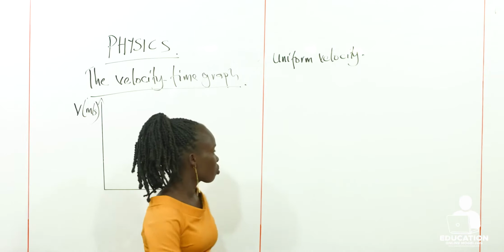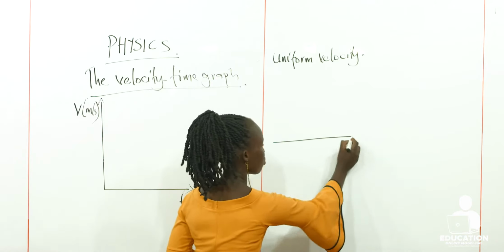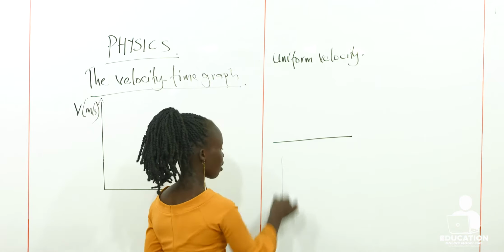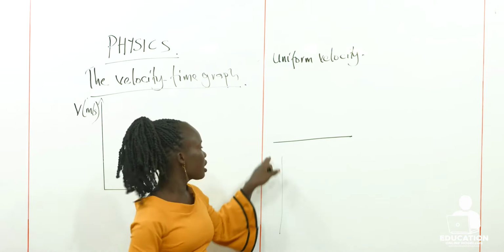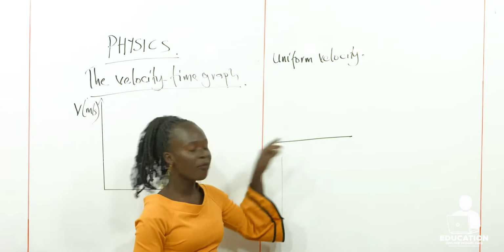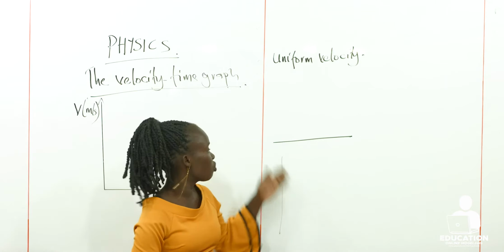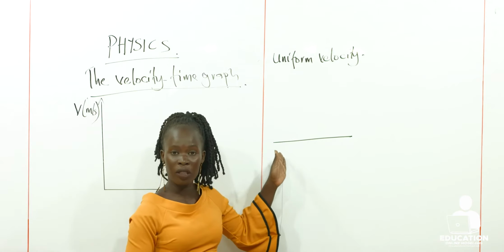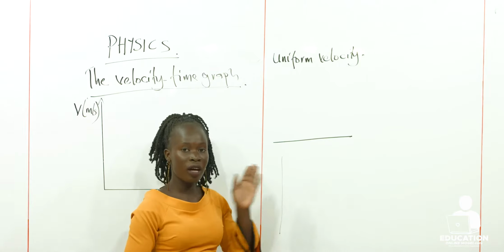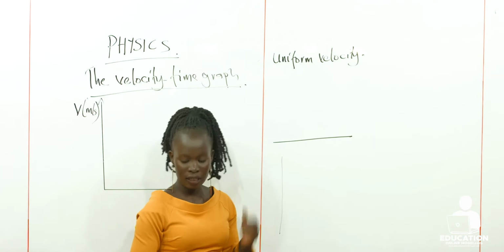When I say horizontal, it looks like this, moving this way. This one becomes a vertical line. In a velocity time graph, this will show you that the body is moving with a uniform velocity, which is not the same case with the distance time graph.